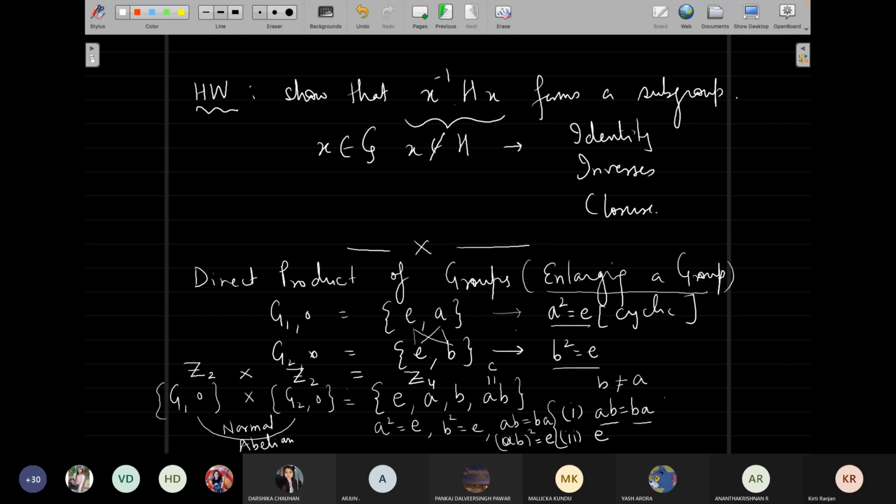In fact, I will now remind you that Z4 had only two possible structures. One structure was identity, G, G square, G cube, which means this one is nothing but cyclic G4.